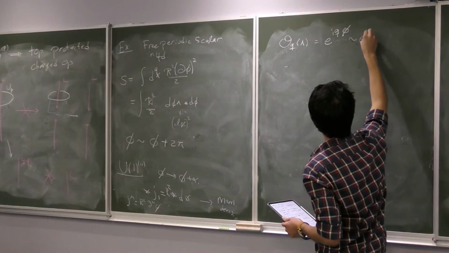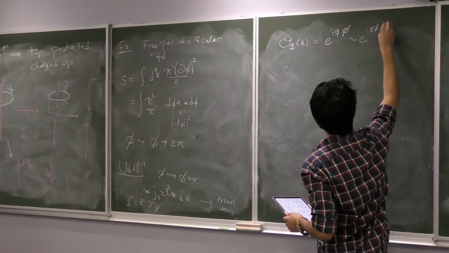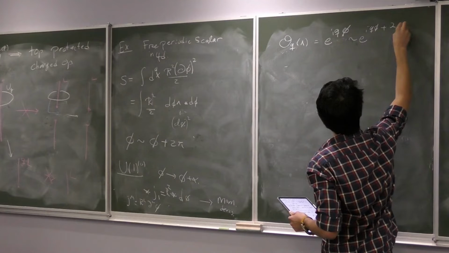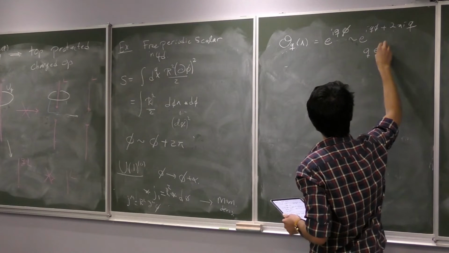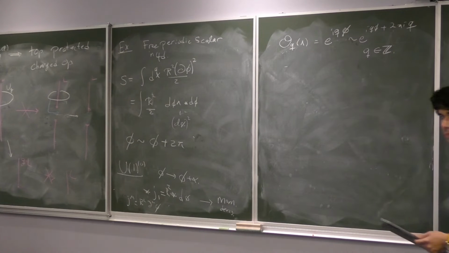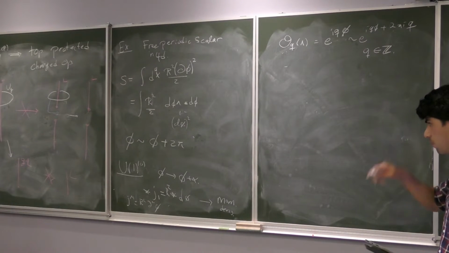This looks like e^{iqφ} goes to e^{iqφ + 2πiq}, and it's invariant if q is an integer. So these are the local operators that are charged under it.